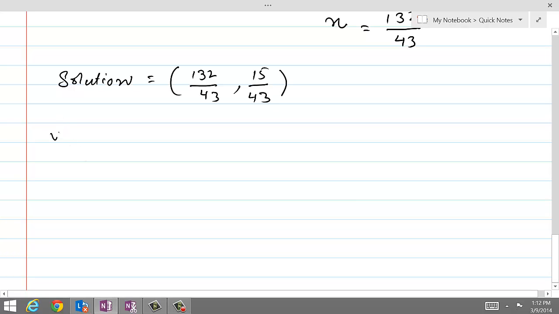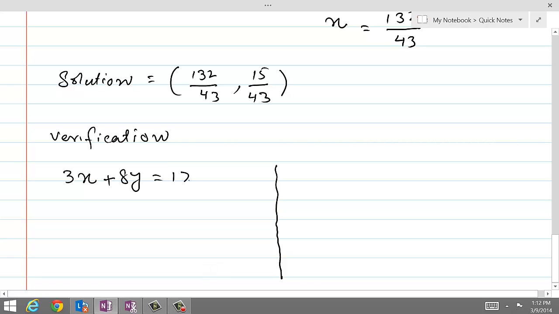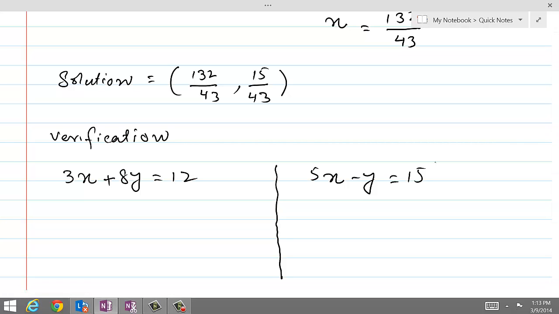So we can start the verification process, and for verification, we write both equations on either side. So this is 3x plus 8y equal to 12, and on the other side of this line we can write 5x minus y equal to 15, and we will be replacing x with 132 over 43 and y with 15 over 43, and we'll see if both of these equations contain this point.